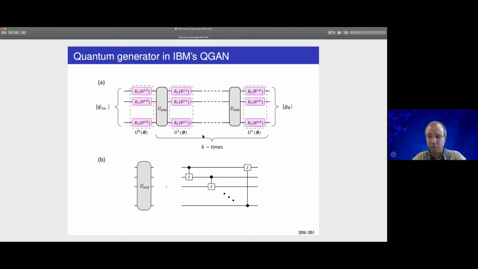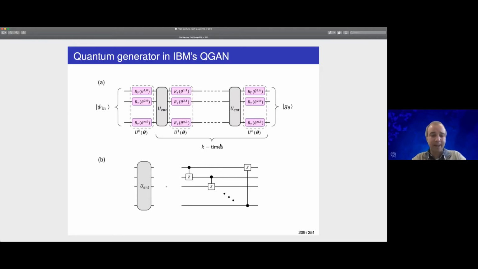I showed you some other possibilities last week, and the details can change slightly from one proposal to another, but usually we have these parametrized gates, some entanglement, and then we can repeat some of the layers. You can find more details about this proposal in the paper I showed you in the previous slide.